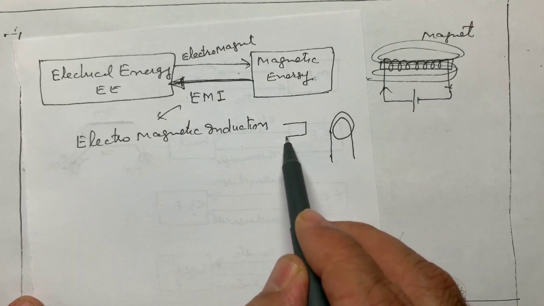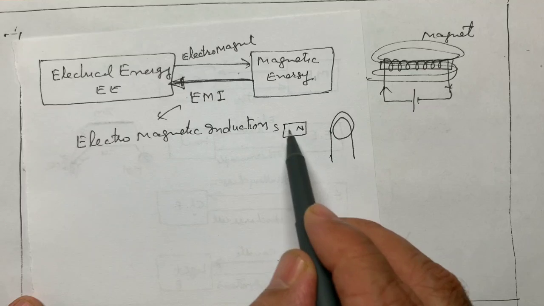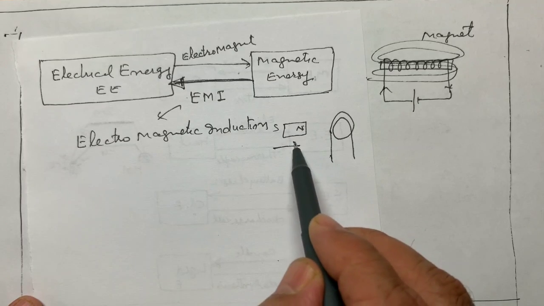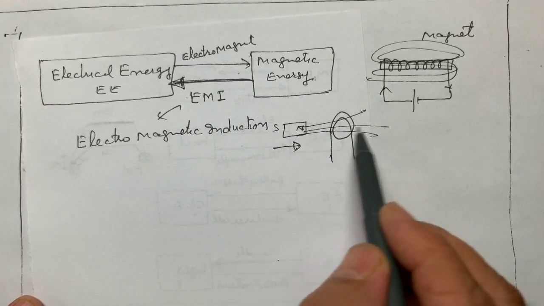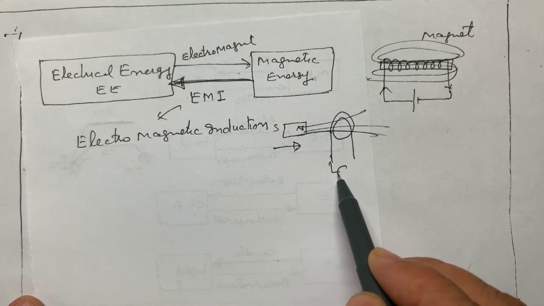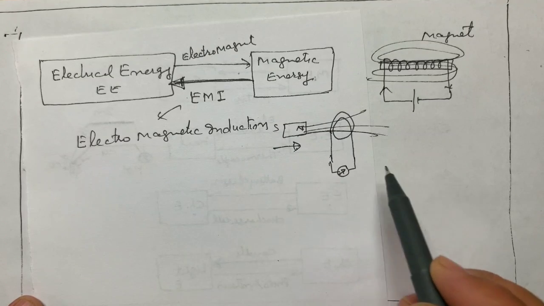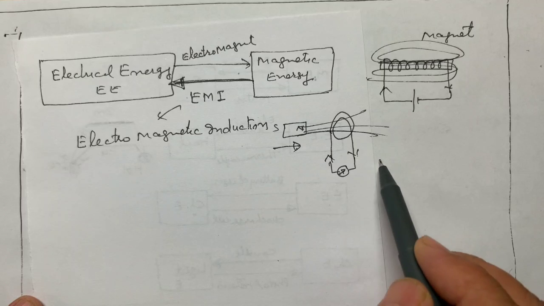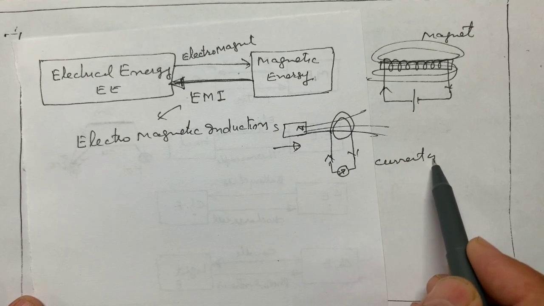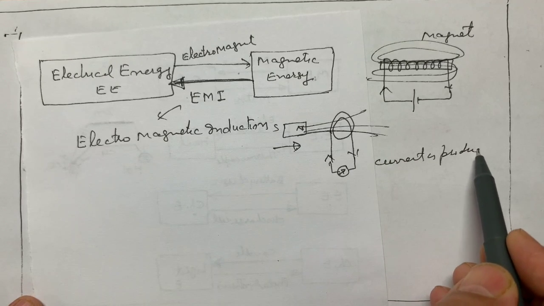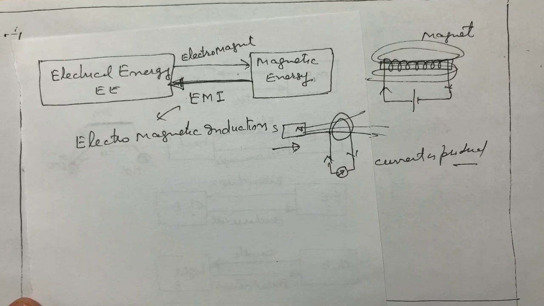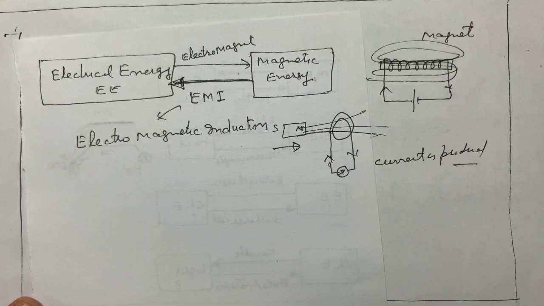If we pass a magnet through it, then due to change in flux, a current is set up in it. Current is produced. So in this, magnetic energy is converted into electrical energy.